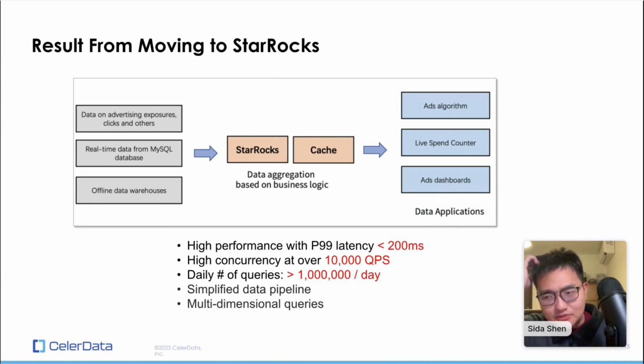Let me try to understand. The second part, yes, the speed gains are basically from StarRocks being just more efficient, right? And StarRocks doesn't rely on indexes on Iceberg.